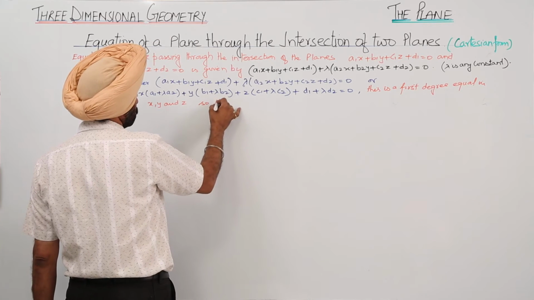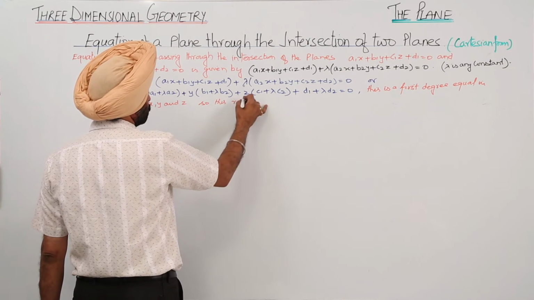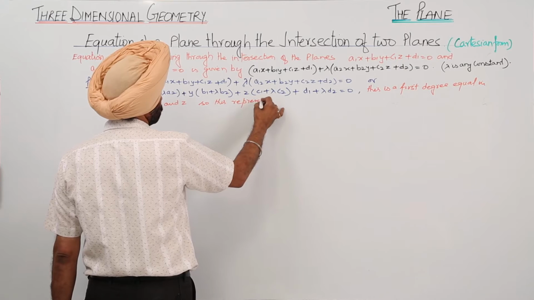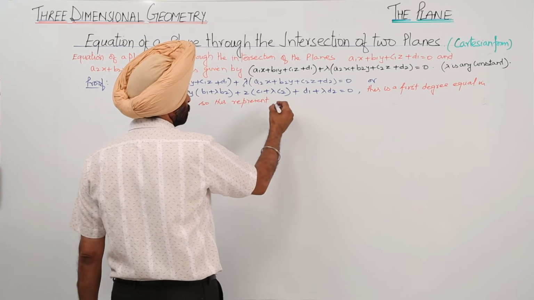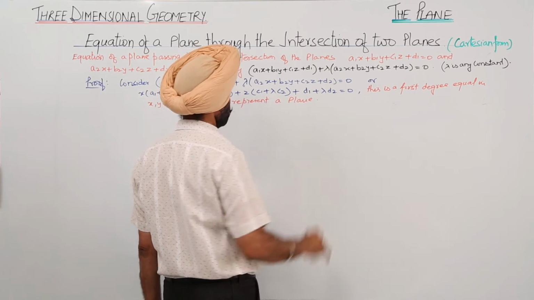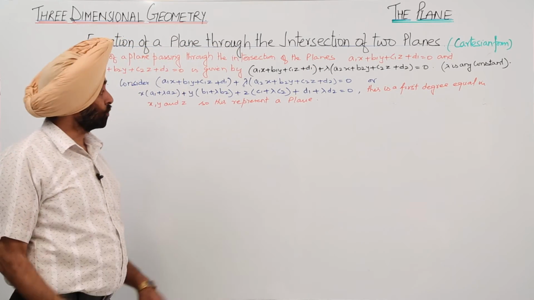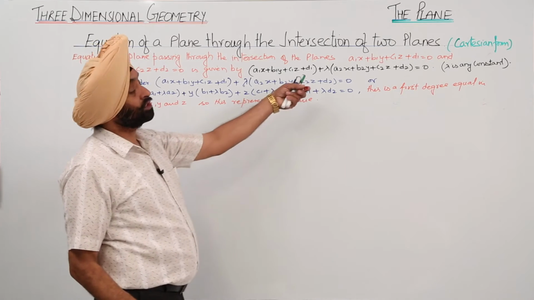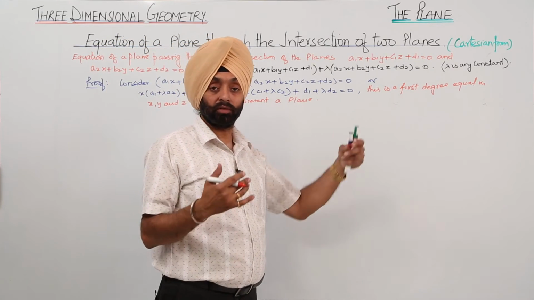So this represents a plane. Now what have we shown? We have shown that this equation represents a plane.